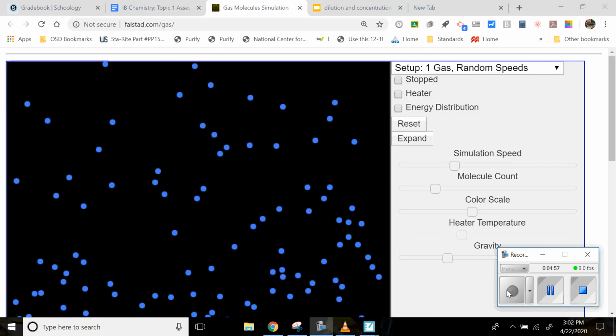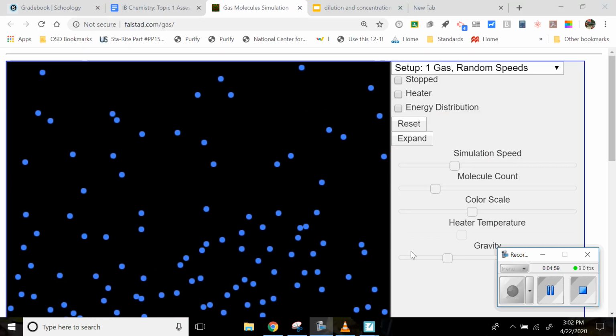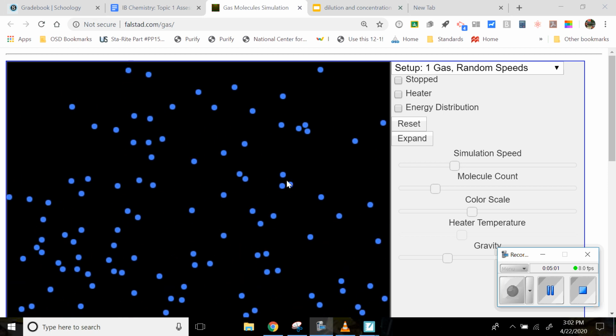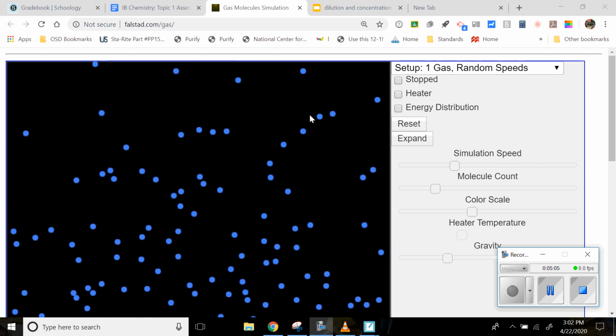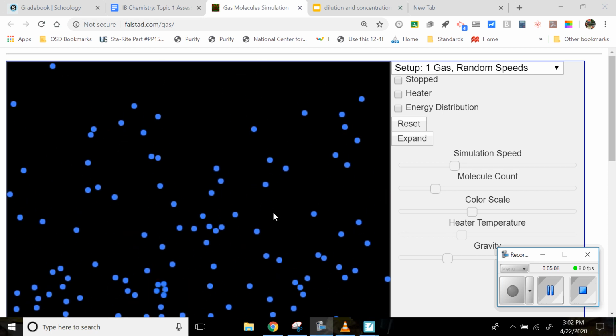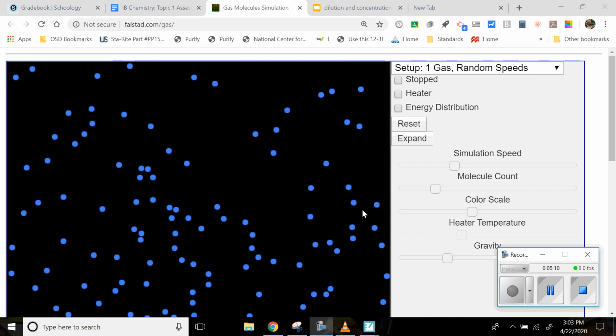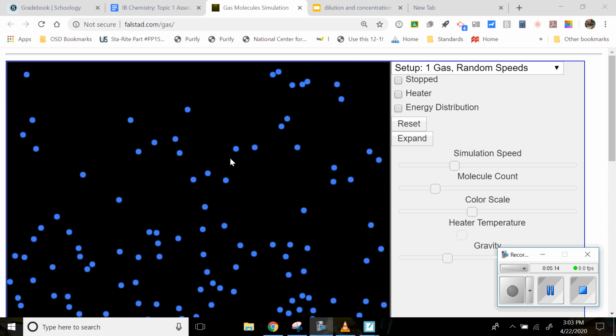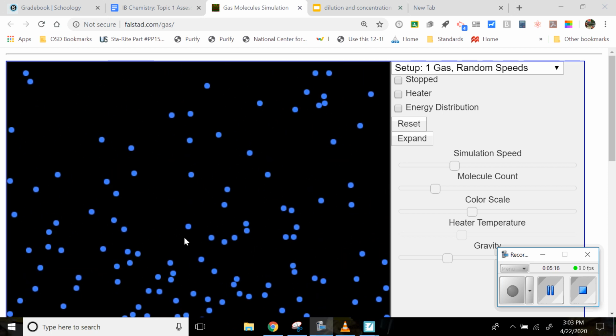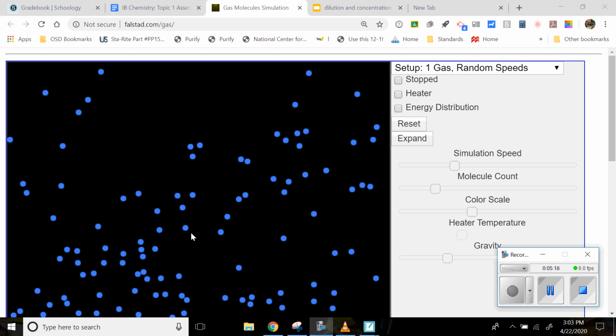So to show you this, I've got just a random particle generator. They're going to call this a gas, but you can pretend it's a liquid as well. And you notice that when I have this particular concentration of whatever solution I've got, there's some collisions that are occurring, but not so many of them.